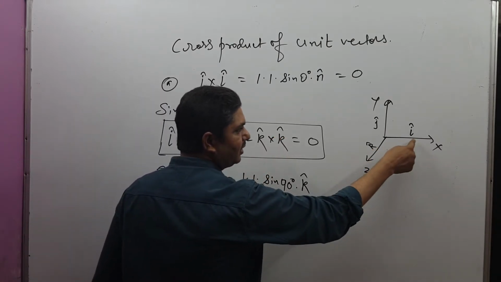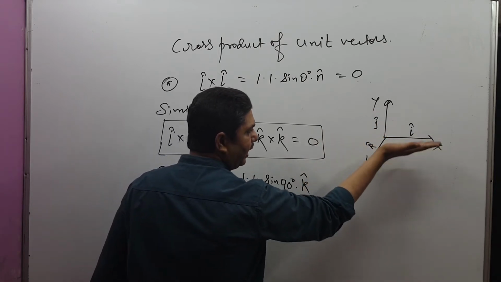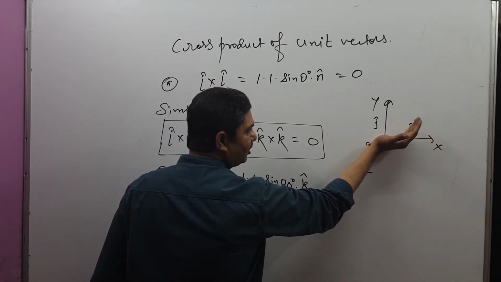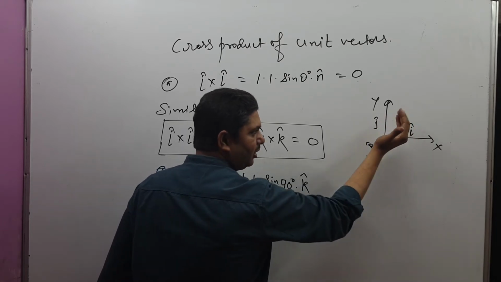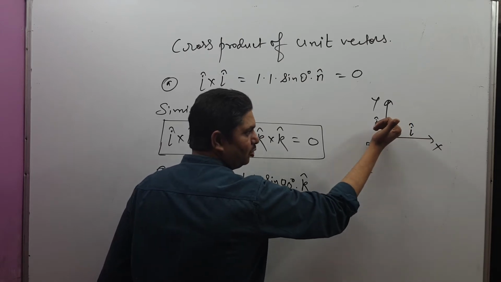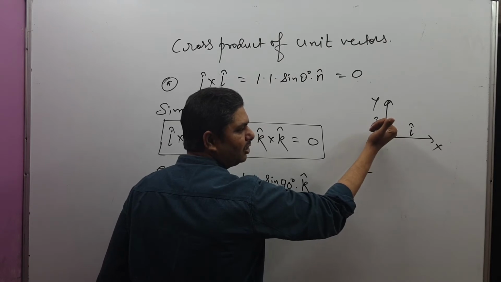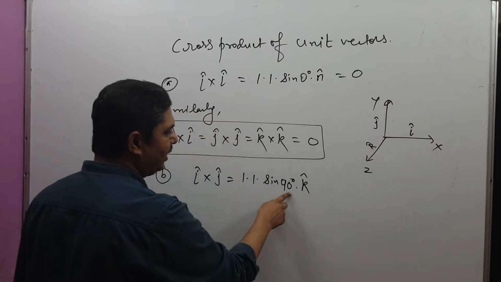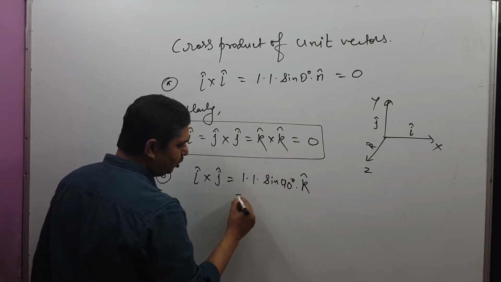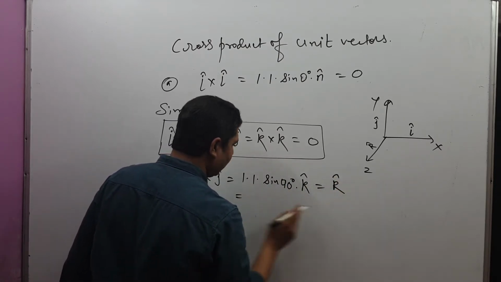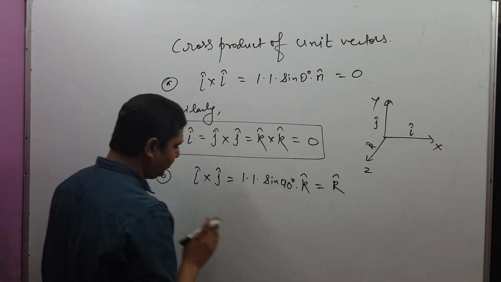This is first vector i, this is second vector j. Put your right hand on x-axis like this and move your fingers towards y. Then the thumb is in outward direction. This direction is the z-axis. So this is the direction of product of the vectors, and unit vector along z-axis is k cap. Now sin 90 degree is 1, so we get i cross j equals k cap.